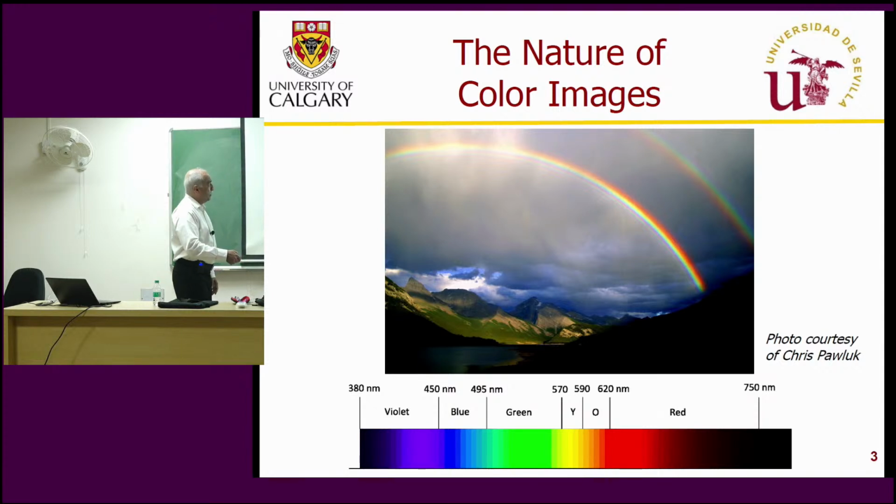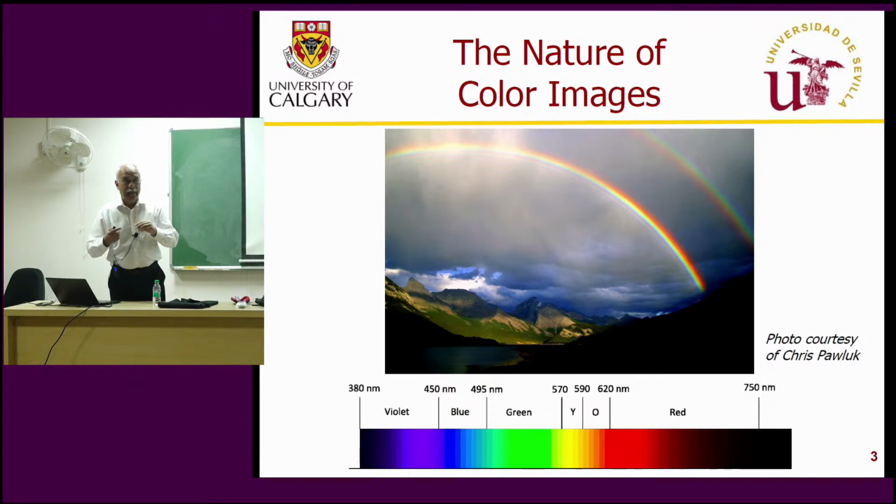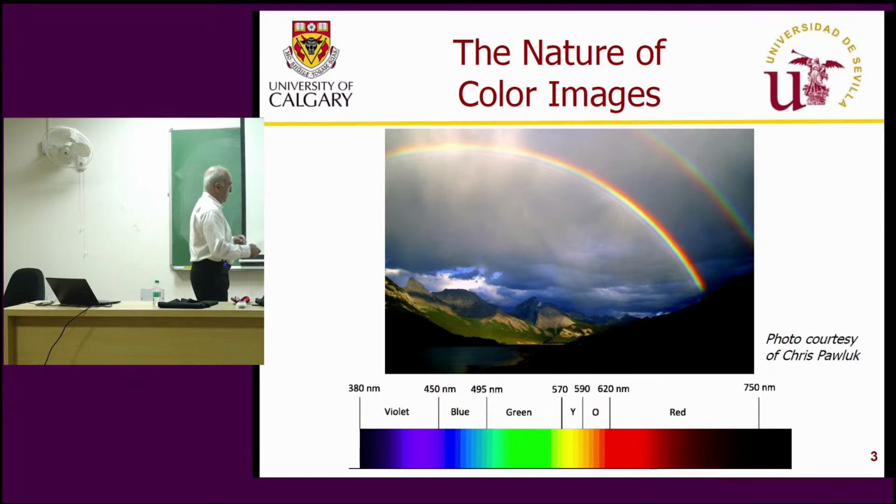So the color spectrum is this, where out of the total spectrum that we get from the sun, there is a very small portion, 380 to 750 nanometers, that our visual system can perceive. And some people may not be sensitive to certain parts of the spectrum. They may have different sensitivity or limited sensitivity. Some animals may have a bit more into these ranges, beyond the red and into UV.